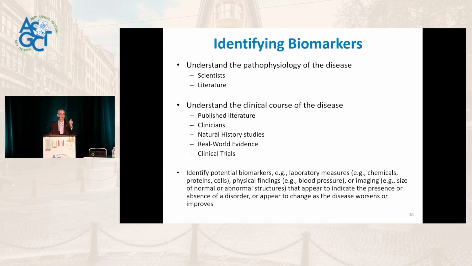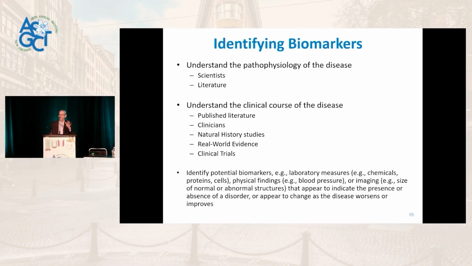And this can come from natural history studies. It can come from real-world evidence, which has medical records and information from patients, registries, clinical trials, and again, the published literature. Learn everything you can about the pathophysiology of the disease and the clinical course of the disease.